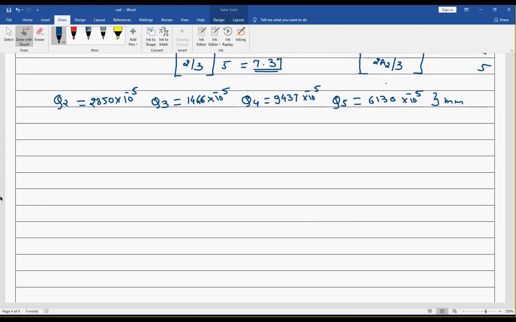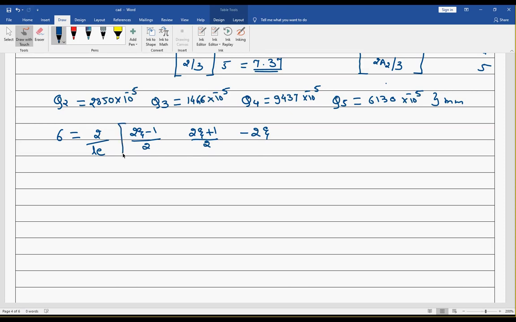finding the stresses. We are aware of sigma equal to 2 by LE. This derivation we have already done. So 2 xi minus 1 by 2, 2 xi plus 1 by 2, and of course minus 2 xi.